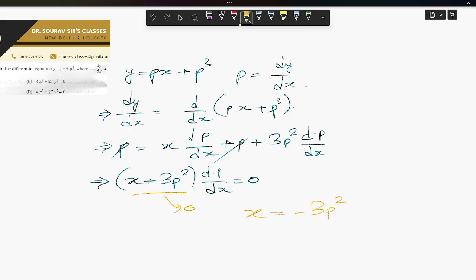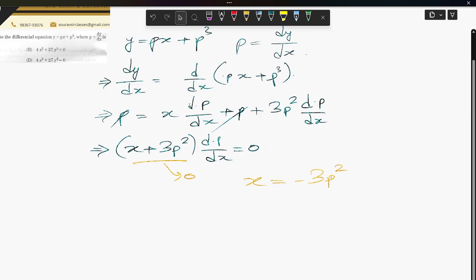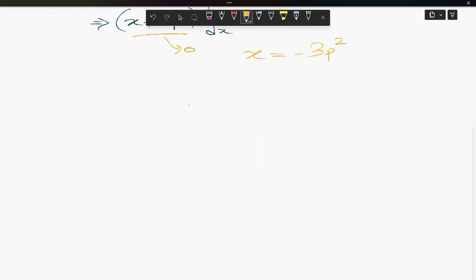Okay. So now we are going to substitute it into our given equation, y equals px plus p cube. We are just putting the value of x in the given equation.